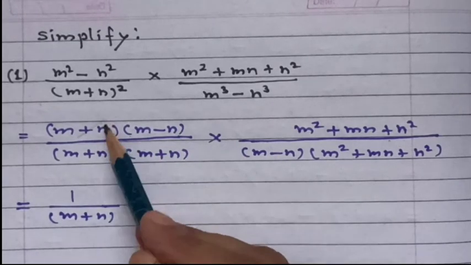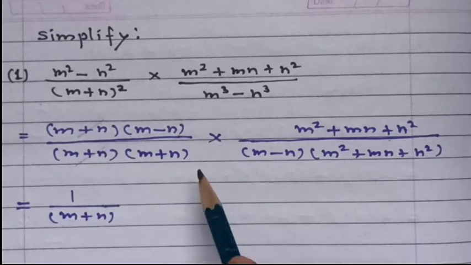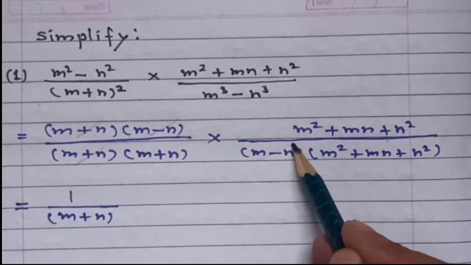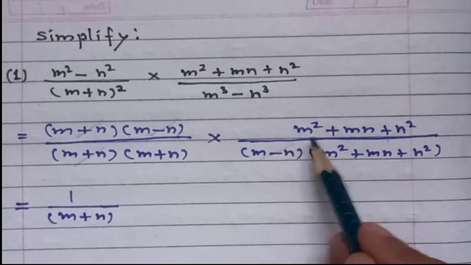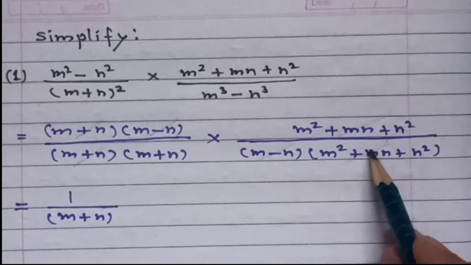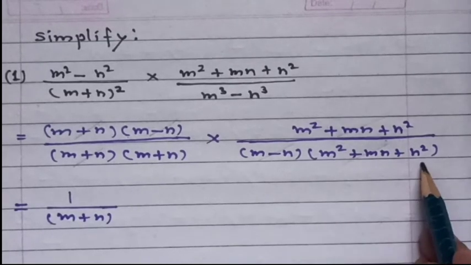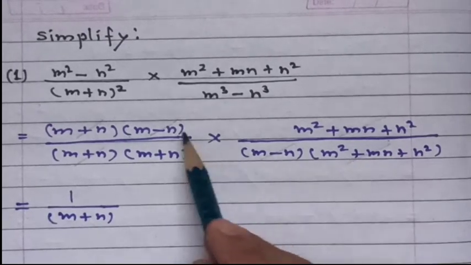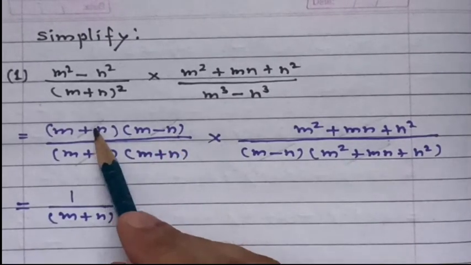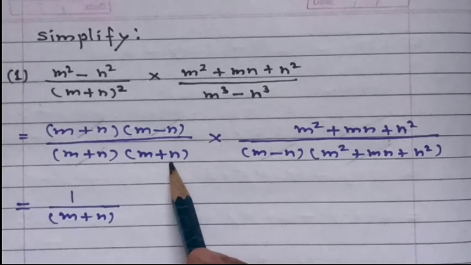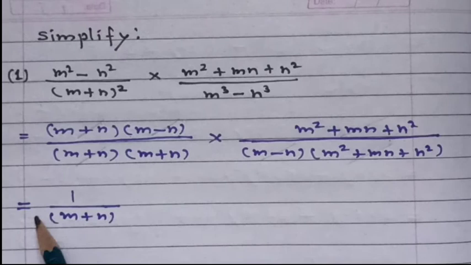Here m plus n gets cancelled with m plus n, m minus n gets cancelled with m minus n, and m square plus mn plus n square gets cancelled with m square plus mn plus n square. What remains is only m plus n in the denominator. So we'll write it is equal to 1 upon m plus n.